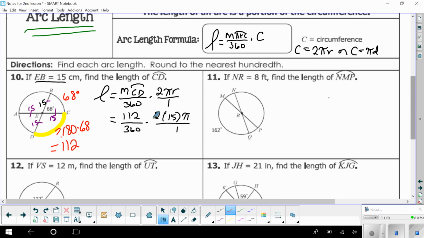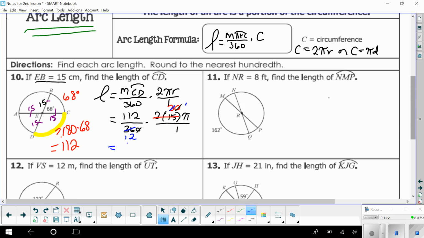Okay, this becomes 30, which means 30 will go into that. I could cross off the zeros. 3 will go into this once. 3 will go into that 12 times.